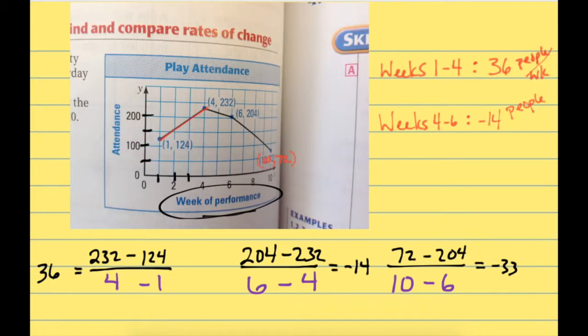And since it's negative, the attendance went down, which we can clearly see here on the graph. And for weeks 6 to 10, our rate of change was negative 33 people per week. So we have a negative rate of change. The attendance went down, and as you can see, it went down steeper than the previous interval. So there's our rates of change calculated by looking at the graph.